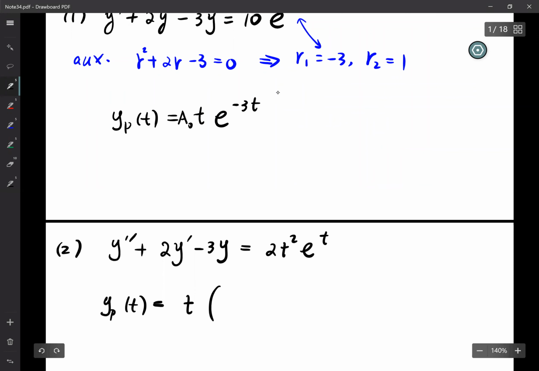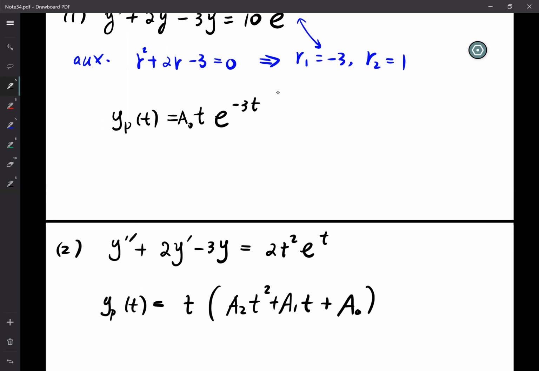Inside is a polynomial of degree 2. Although there's only t squared, the lower order terms are also needed, because when we solve the linear system, we don't know whether they vanish or not. Maybe they vanish, maybe they don't. So you have t times the undetermined coefficients a2 t squared plus a1 t plus a0, times exponential t. Any question?